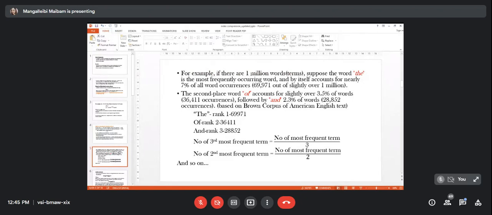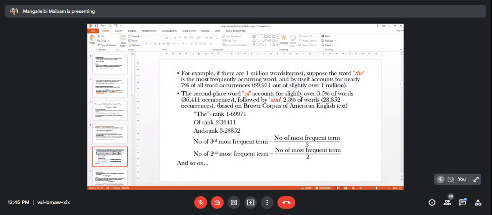For example, if there are 1 million words, suppose the same example which I have given you, "the" is the most frequently occurring word, and by itself it accounts for nearly 7% of all occurring words. This is just an explanation of giving the ranking.